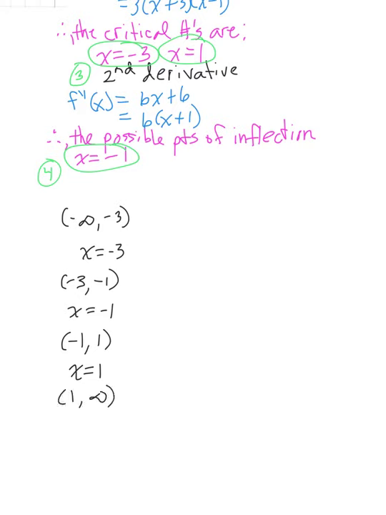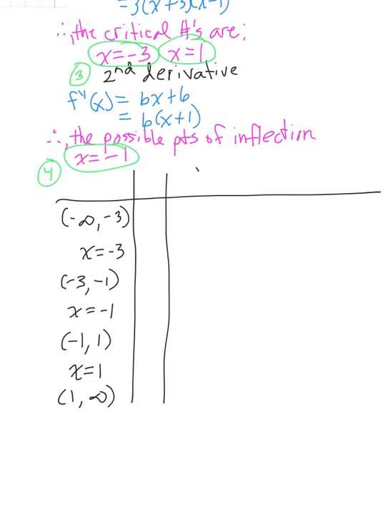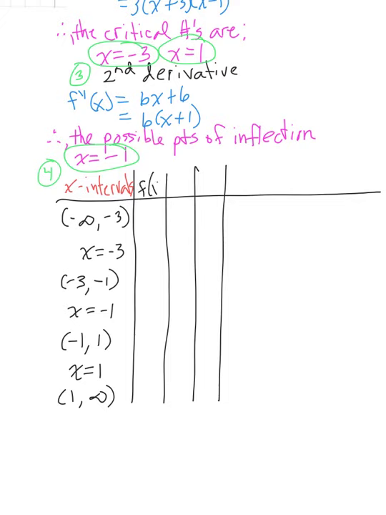Okay, so then this creates our chart, if you will. It's going to be a pretty long chart. We're going to have some small columns here. I'll tell you what to put in there in a minute. All right, right here is going to be our x intervals. So that's labeling that. And then here is going to be the value of f of x.